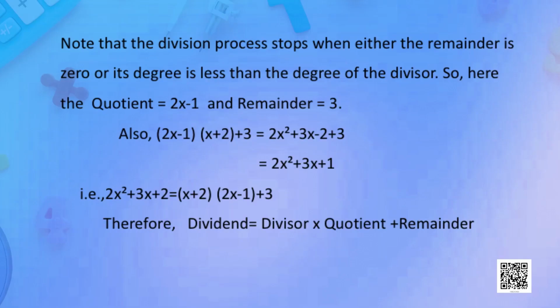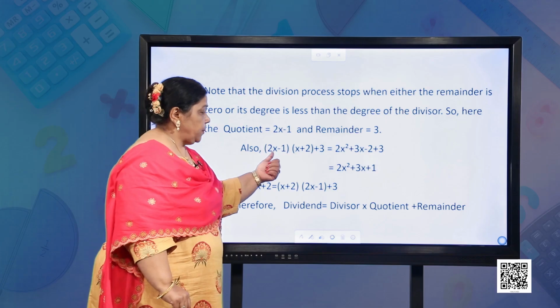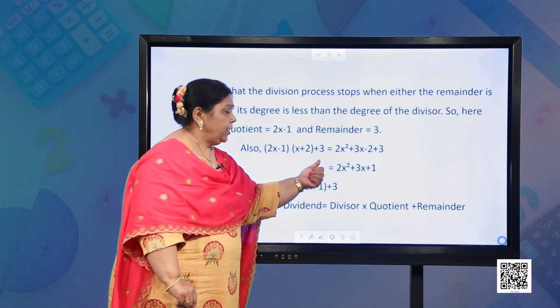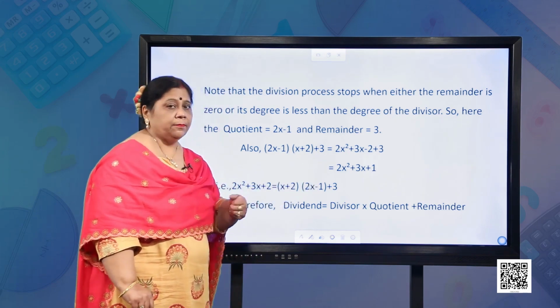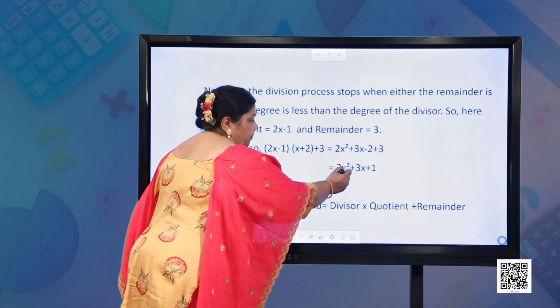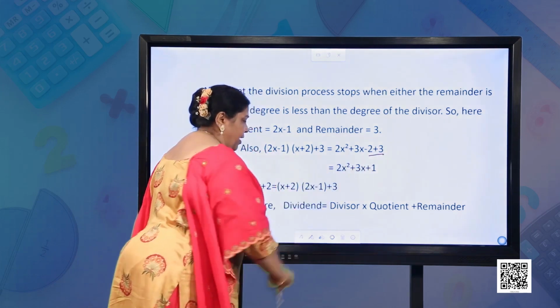Okay. Now, let us look into the division process stops when either the remainder is 0 or its degree is less than the degree of the divisor. So, here the quotient is 2x minus 1 and remainder is 3. Also 2x minus 1 into x plus 2 plus 3 is equal to 2x square plus 3x minus 2 plus 3, which is equal to 2x square plus 3x plus 1.